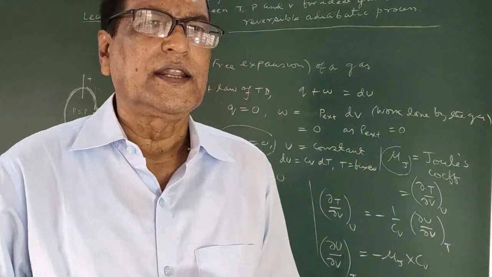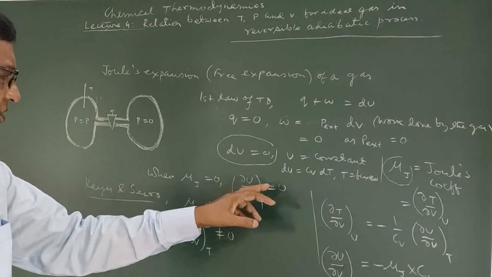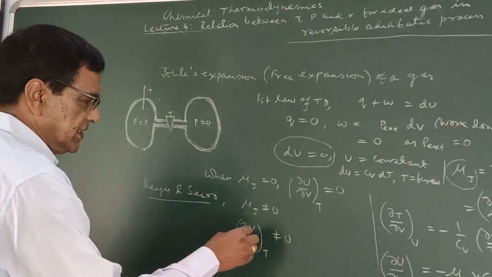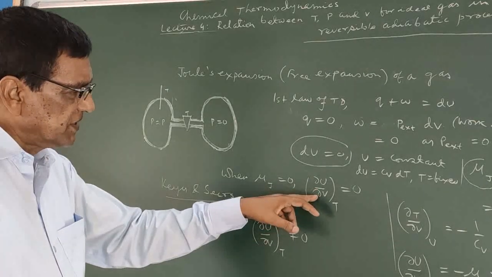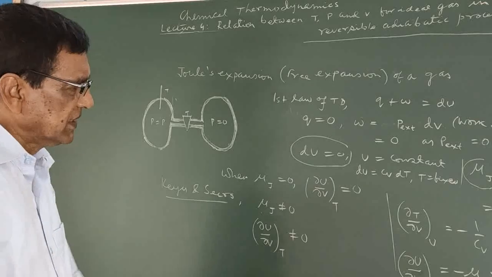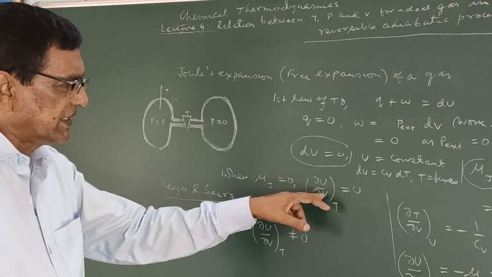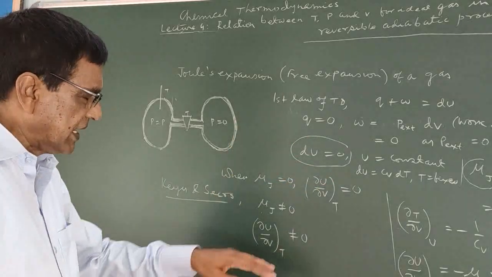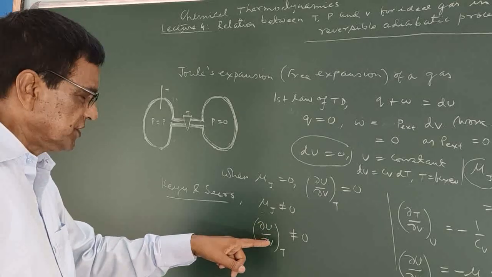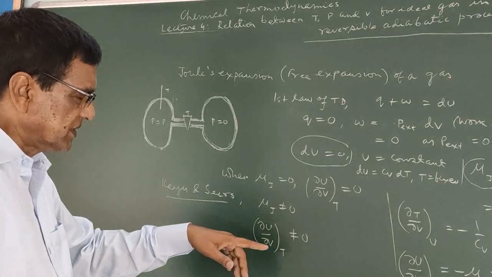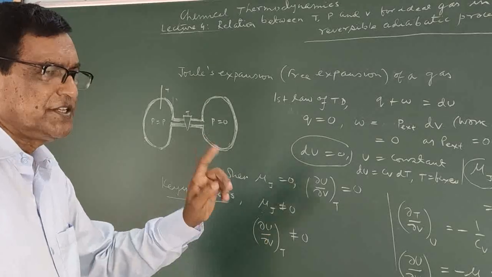Now it is taken for granted that this relation is valid for the ideal gas, where in isothermal expansion there will be no change in internal energy, and this other relation is valid for the real gas, where in isothermal expansion there will be a change in internal energy.